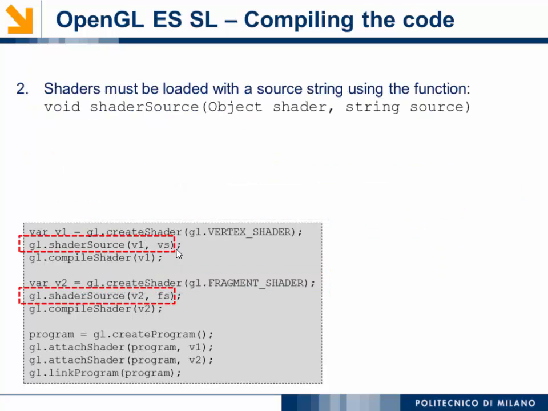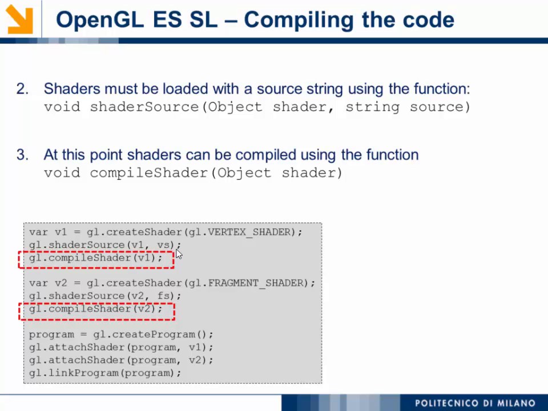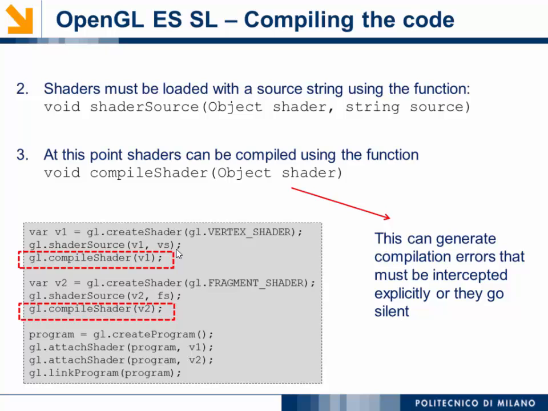Then we put inside that container the shader's code. So shaderSource puts inside the shader object that we just created the string containing the source code. At this point we just compile everything. Of course, a lot of errors and mistakes can happen here, and they have to be intercepted explicitly, or they go silent.